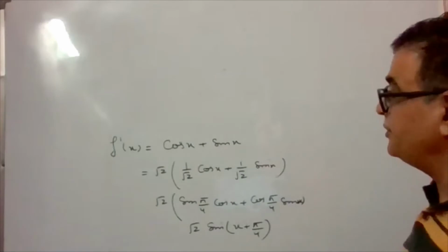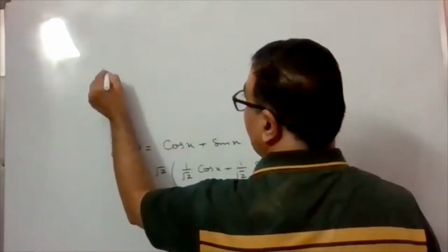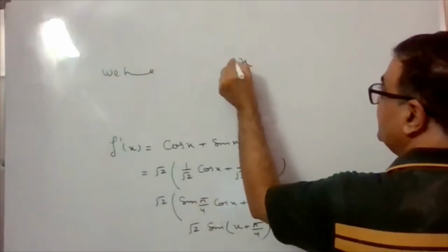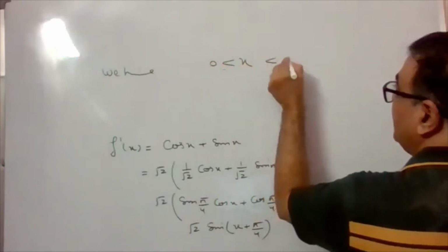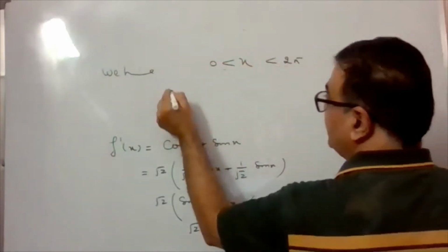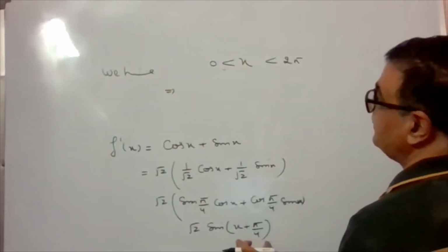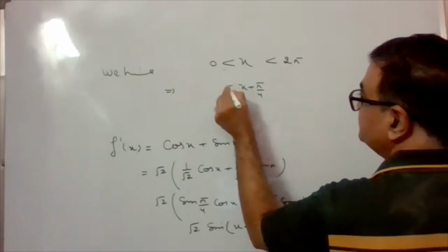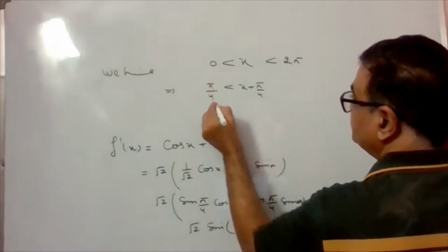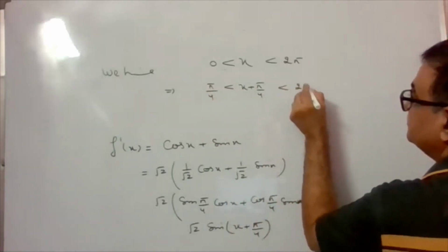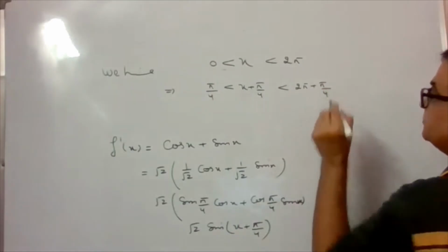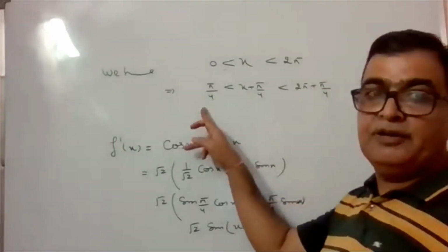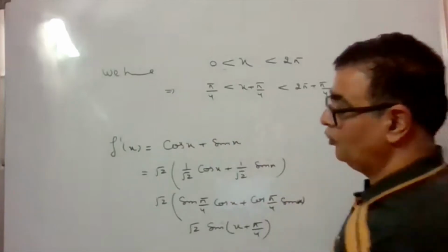Now what are the informations given in the question? We have, where is x? x is between 0 to 2 pi. But we are concerned about x plus pi by 4, so add pi by 4 in all. x plus pi by 4 goes between pi by 4 and 2 pi plus pi by 4.